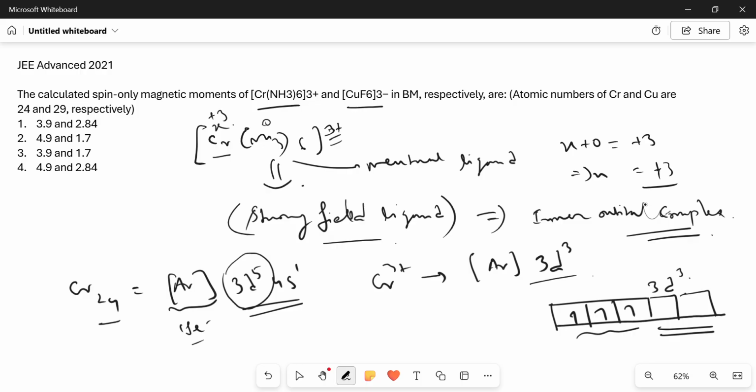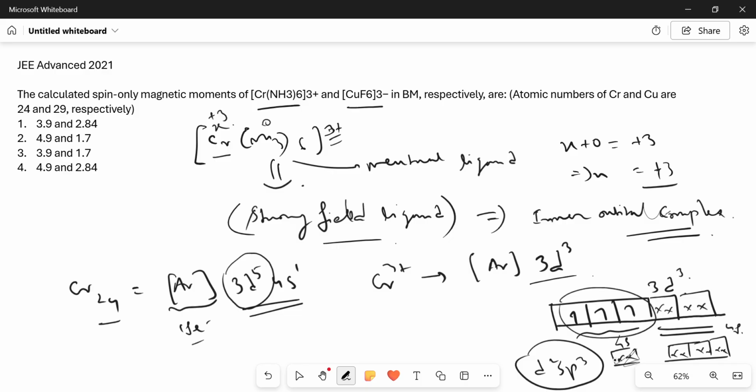Next, after 3d comes the 4s and 3 4p orbitals. Starting from this, the compound will form d2sp3 hybridization. So no need for pairing of these 3 electrons; the number of unpaired electrons is still 3.